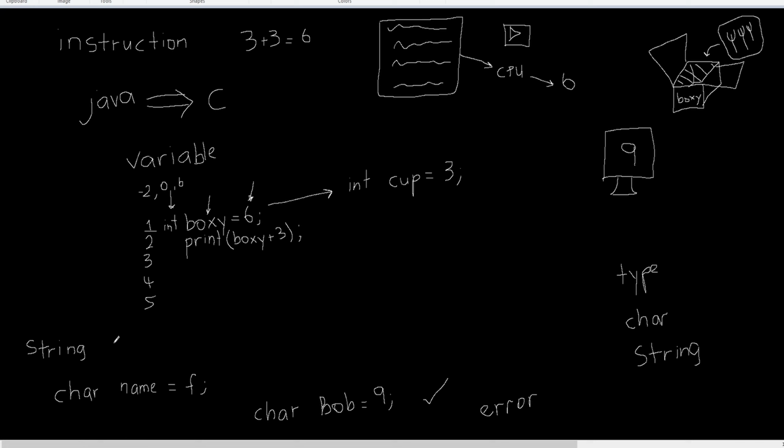The variable name would be, that's a P by the way, player equals, and we need double quotations for this. Cool boy. There we go.